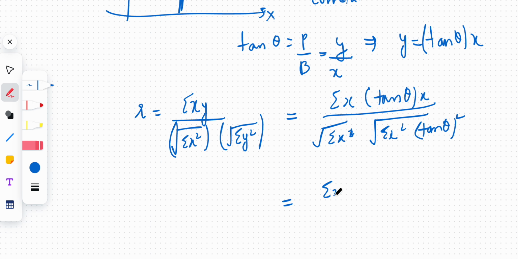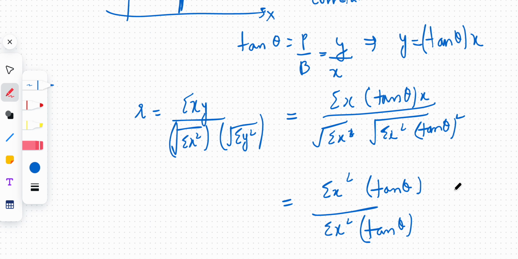That would mean summation x square upon summation x square tan theta, so this will become 1.